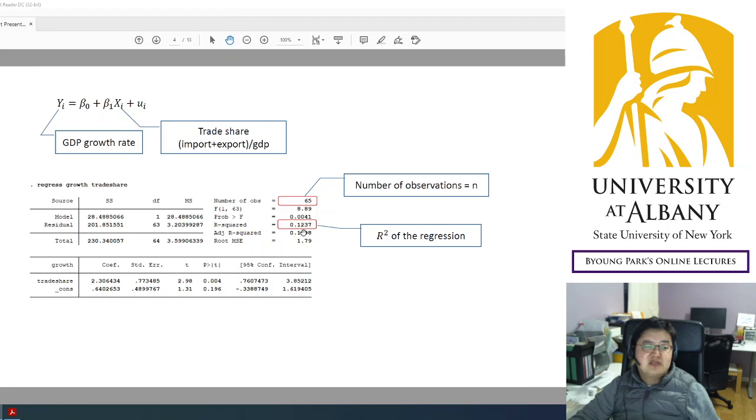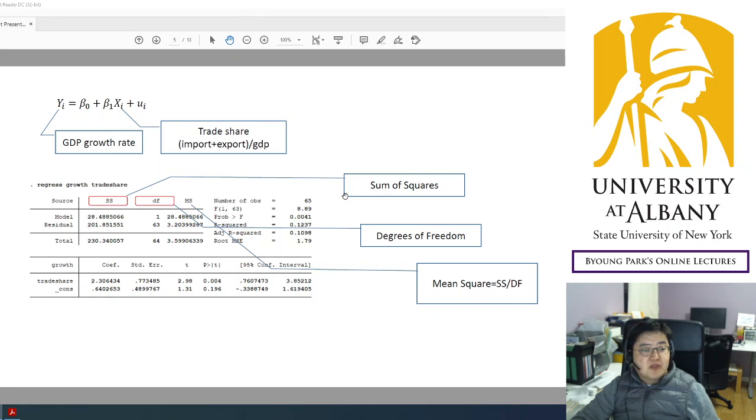I would be satisfied even if it was like 5%. So trade share could explain a lot. And I'm going to come back to the definition of the R squared in a few slides.